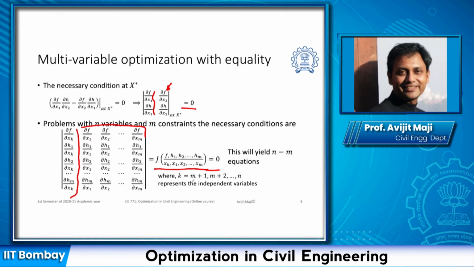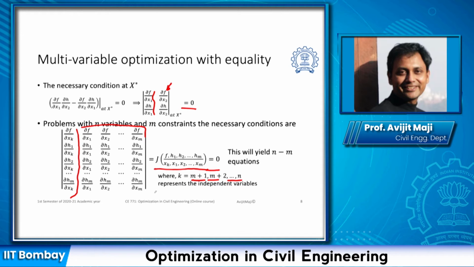In this case, the independent variables are those in excess of m, because we have solved for m number of constraints, so anything above m but up to n are going to be the independent ones. So we are indicating it as m plus 1, m plus 2 till n.